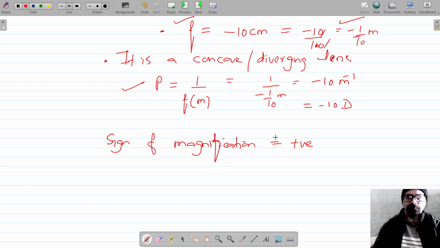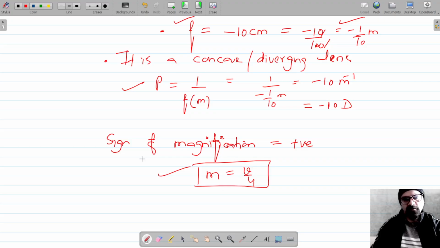Because we know that for the lens, the magnification is V by U. And the convex lens will magnify the object, so that means the objects are to be magnified, so the magnification has to be positive. So in this case, the sign of magnification is positive.